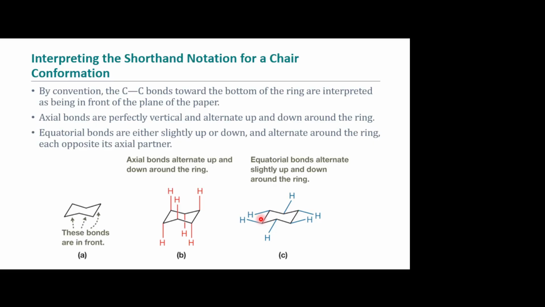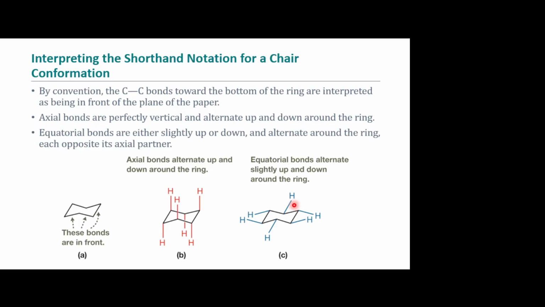Okay? Now, the equatorials are the ones that, if you're going to have trouble looking at something and going, this is equatorial, equatorials are going to be it. Okay? Like, looking at this without the axial, how do you tell that's equatorial? It's kind of difficult, right? Now, you can tell because it's not perfectly up and down, right? It's slanted. Okay?